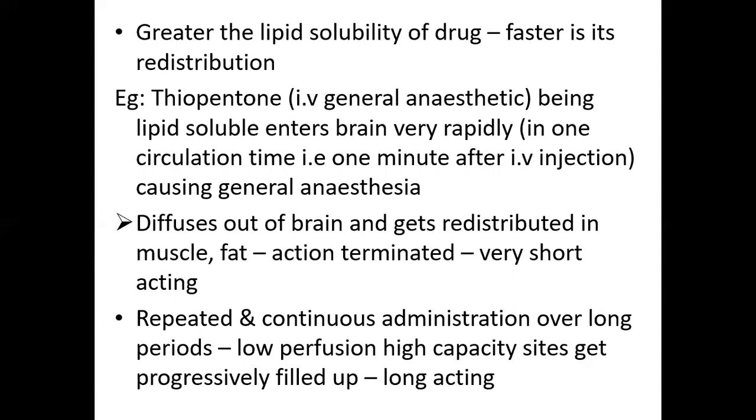Let's summarize what we have learned. We have seen what happens to a drug after absorption, after the drug is taken by various routes of administration. It gets absorbed and then it gets redistributed.